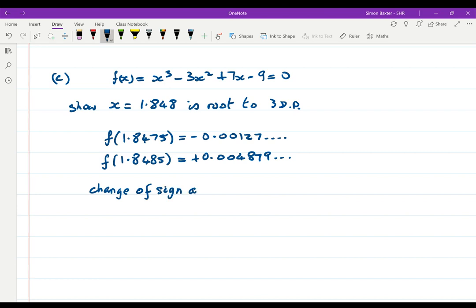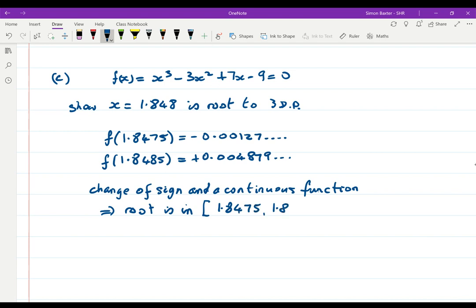We also have a continuous function. Therefore, the root is in the interval [1.8475, 1.8485].